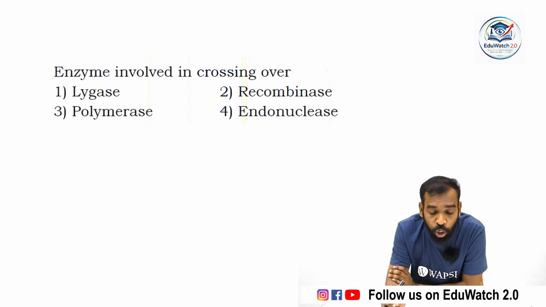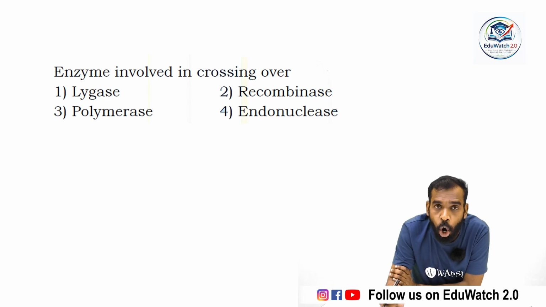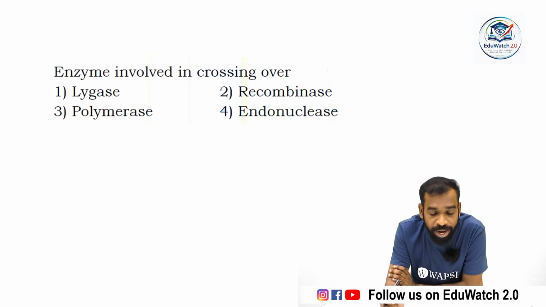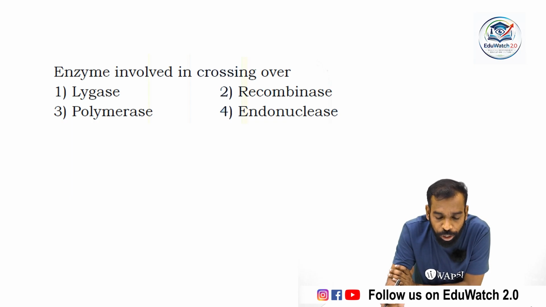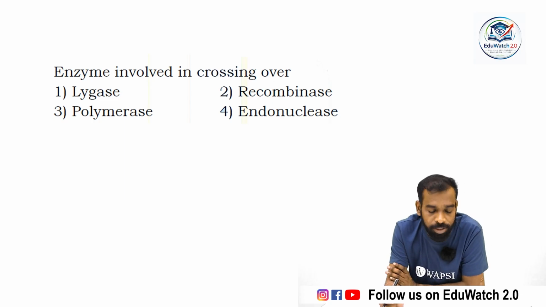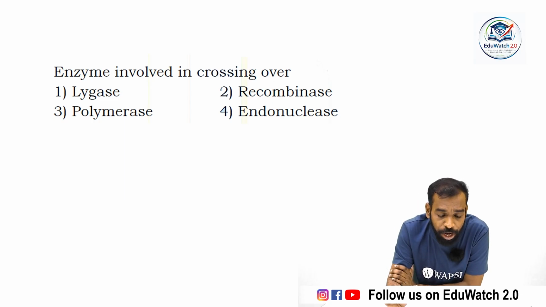Option 2, recombinase. Option 3, polymerase. And option 4, endonuclease. Enzyme involved in linkage and recombination process. No doubt, option 2, recombinase. Enzyme recombinase is used for the process of crossing over.